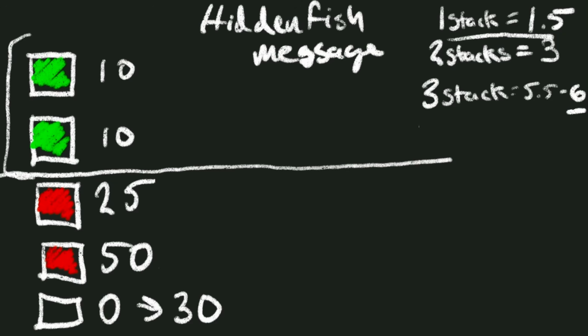So if a fish has a hidden message that appears on the first or second, it's going to be potentially impacted by the stack multipliers. If a hidden fish only appears on the third message, then it's not really going to be impacted by any of this at all, because it's not going to be able to take effect on that multiplier. Does that really matter in the end with the bite rates of the fish? Not really too much.